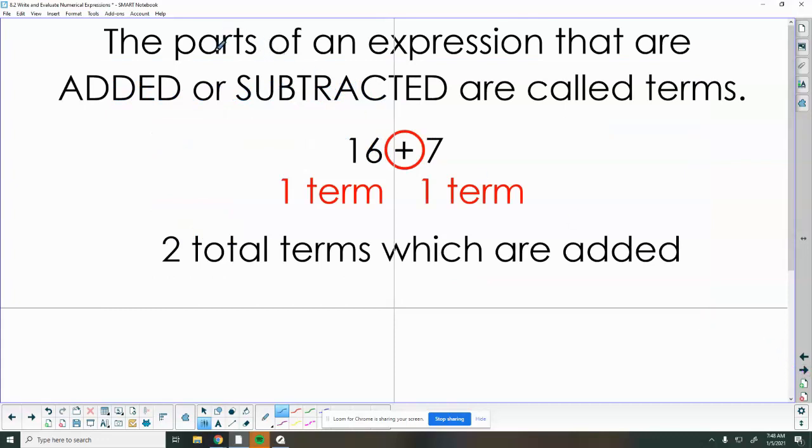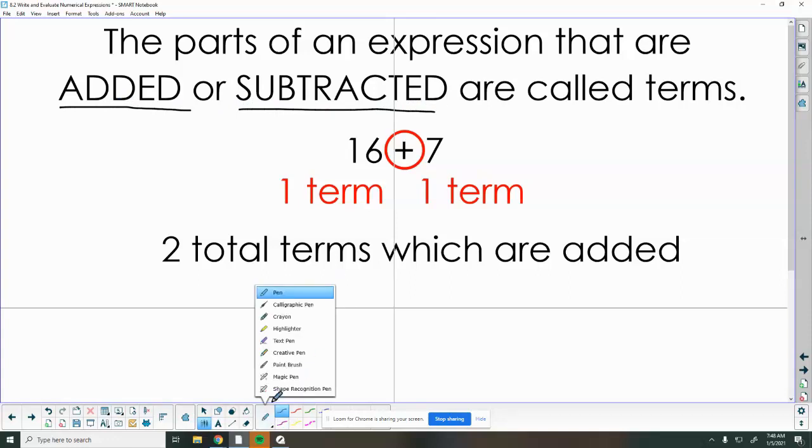So every time we have an expression and you have parts of it that are added or subtracted, this only is true when we are adding or subtracting, we call each of those parts a term. So this problem here, we have 16 plus 7.